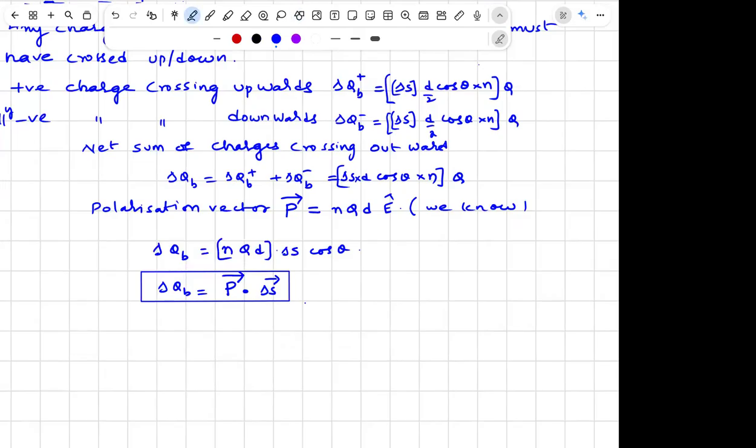Now, please tell me any doubt. Care must be taken, that is the polarization vector, not the dipole. So it is capital P, not small p. What is the difference? Capital P refers to dipole moment per unit volume. Small p is the dipole.